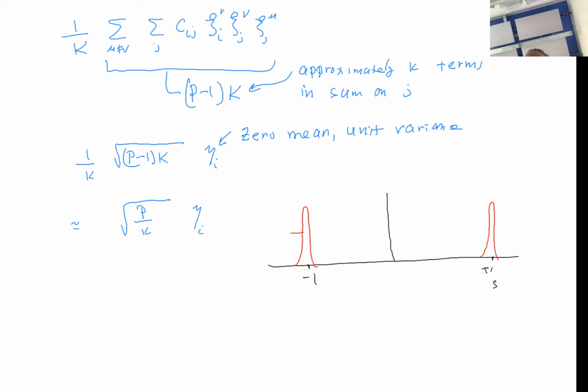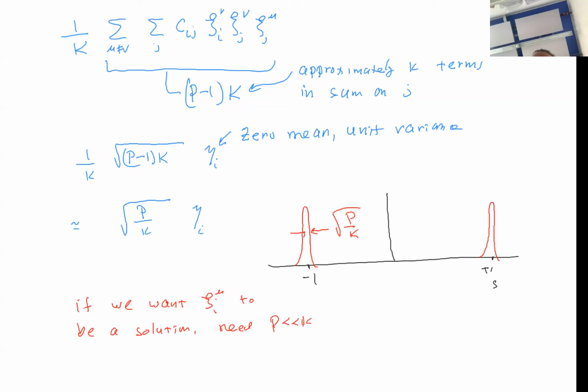But the width of these things is square root of P over K. Remember, in the previous all-to-all connectivity it was square root of P over N, now it's square root of P over K. So if we want squiggle I mu to be a solution, I need P much less than K.